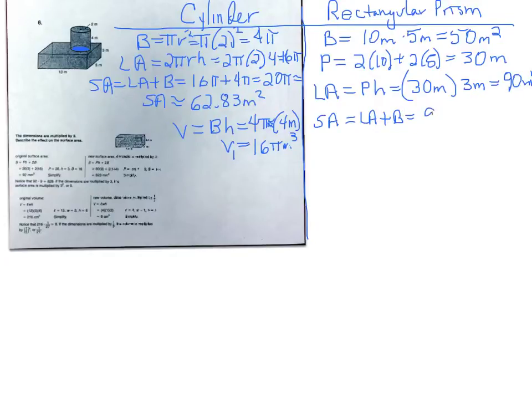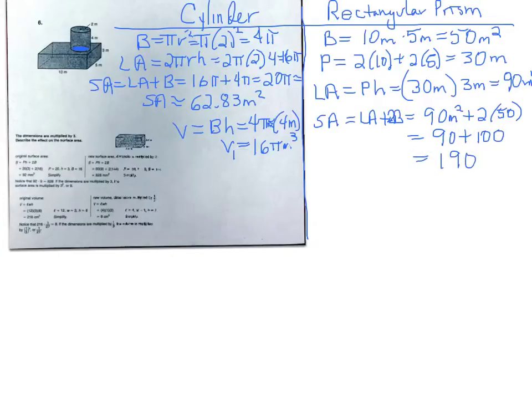So lateral area is 90 plus 2B. The formula calls for 2B. So it's 90 square meters plus twice the area of the base, which was 50. So it's 90 plus 100, which is 190.